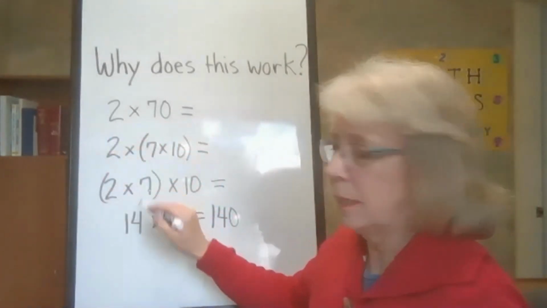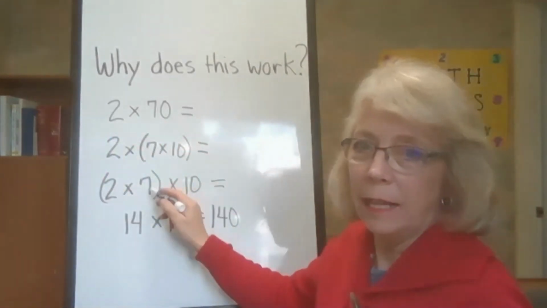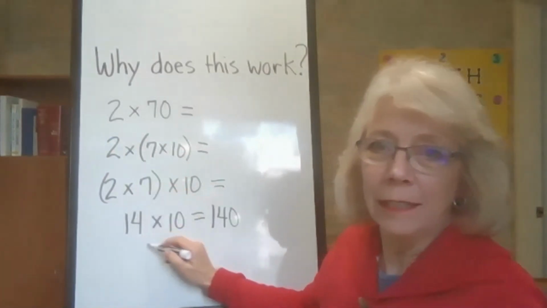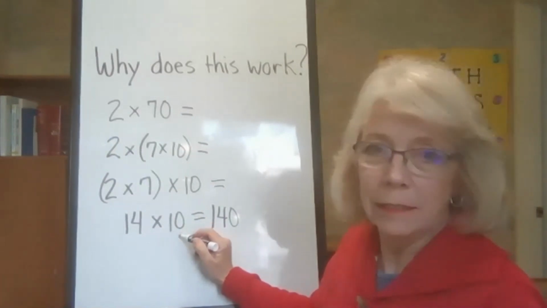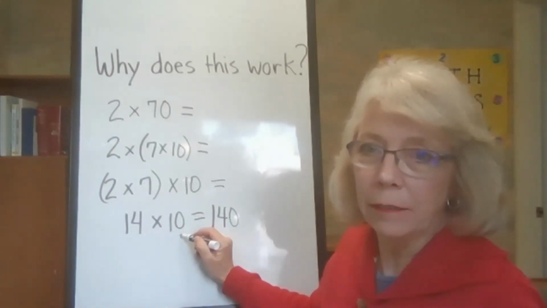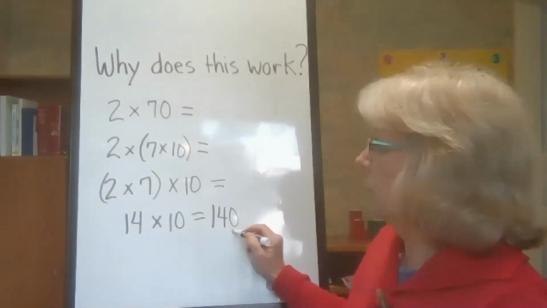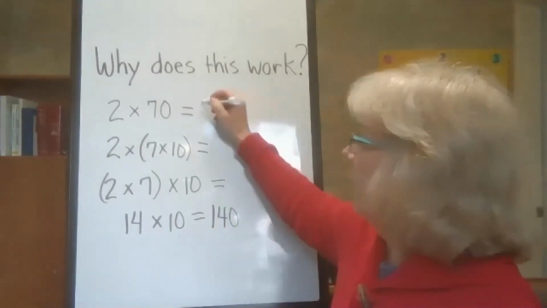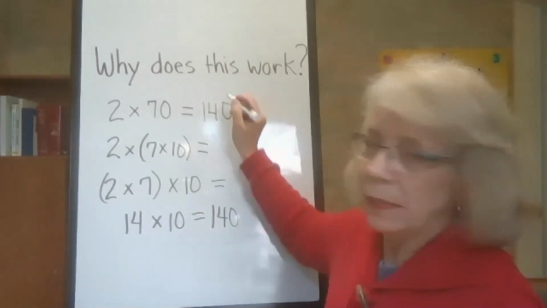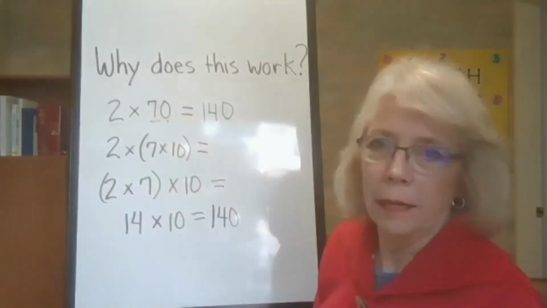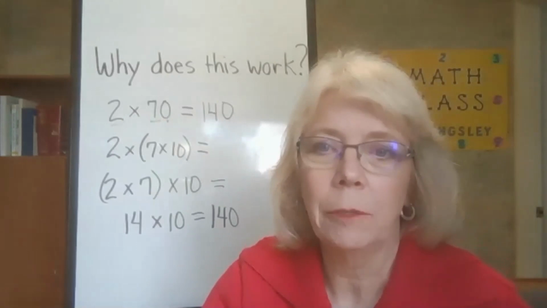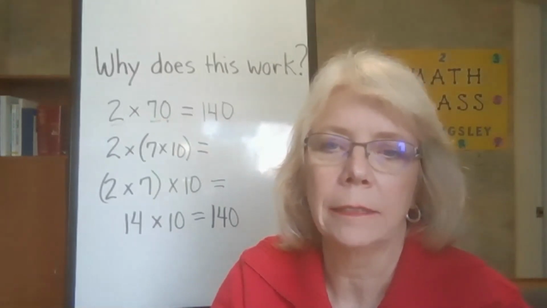So we have 2 times 7 times 10, and that becomes 14 times 10. This would look easier to you. And our answer is just 10 times bigger than 14, which is 140, which is the same answer we got when we did it the way we were just looking at on the other page. Okay, I'm going to pause the video, and then we're going to go to some whiteboard practice.